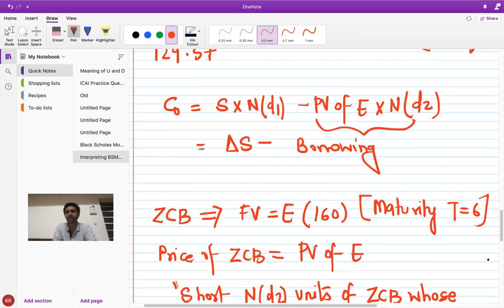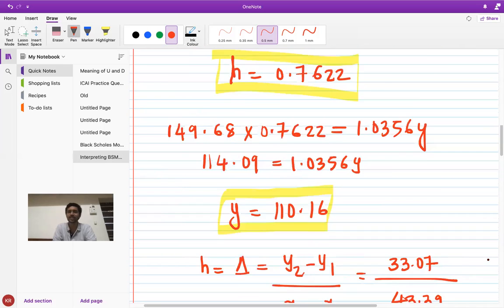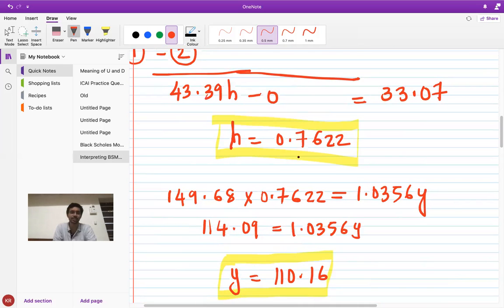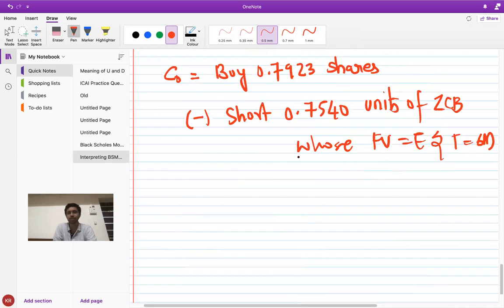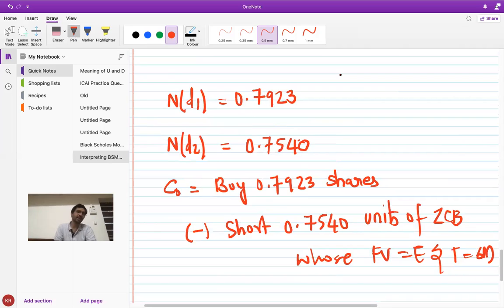Okay, the only thing if you observe is what we got as H over here is 0.7622. That was the delta, what I called as delta, and ND1 is also the delta, that is 0.7923. Over there in a single period it was 0.76, whereas in Black-Scholes ND1 is delta of 0.79. Okay, the reason is because now we have moved from a single period to multi-period and the delta has actually improved.